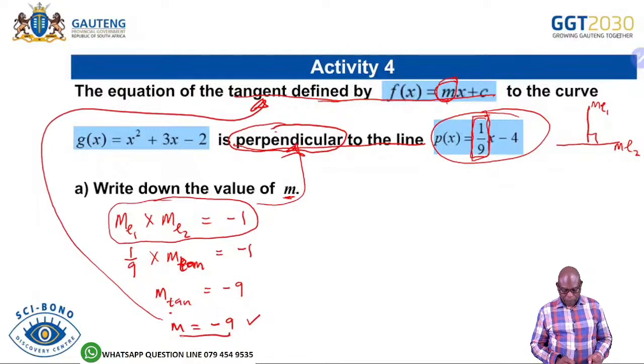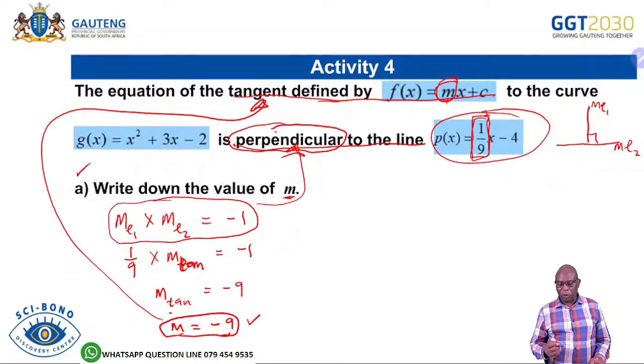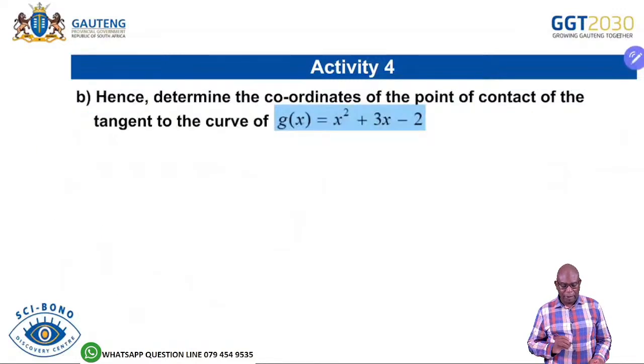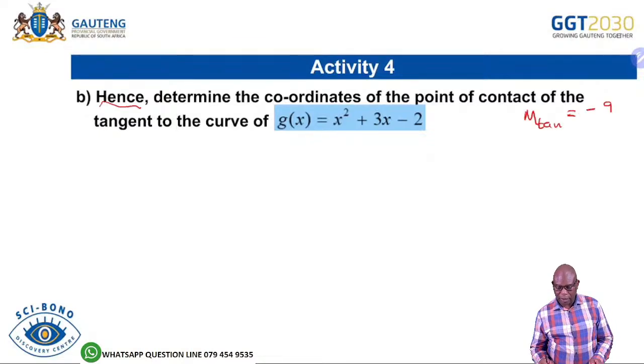Let's then get to the next question, because this is A. So we're still working in the same question. Let's get to B now. Now B, it says hence. Remember already what do we have? The gradient of the tangent is -9.